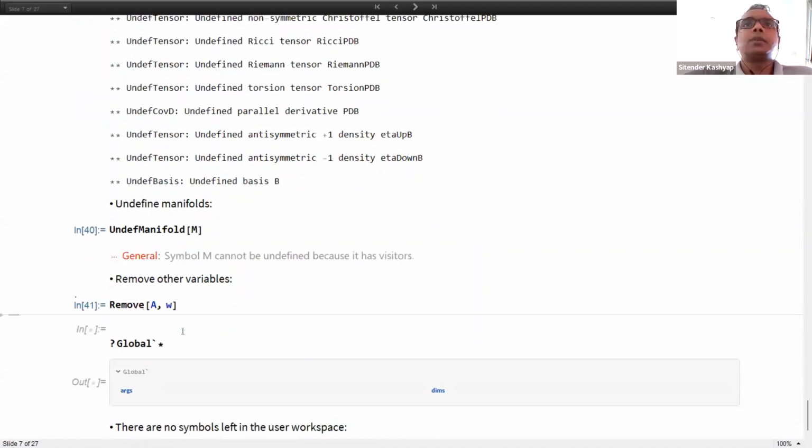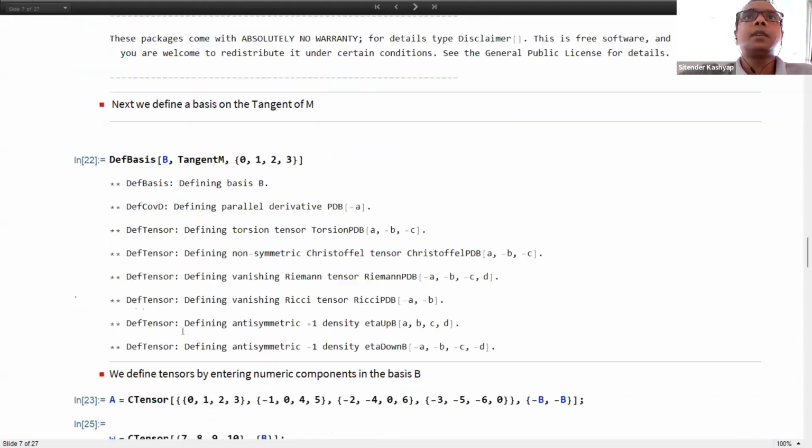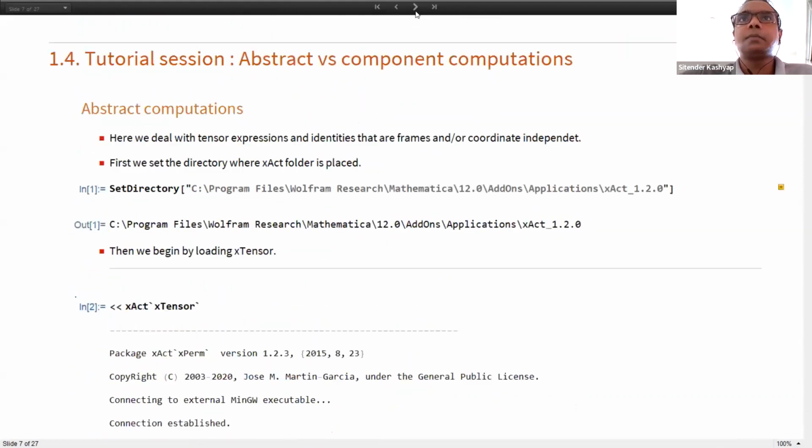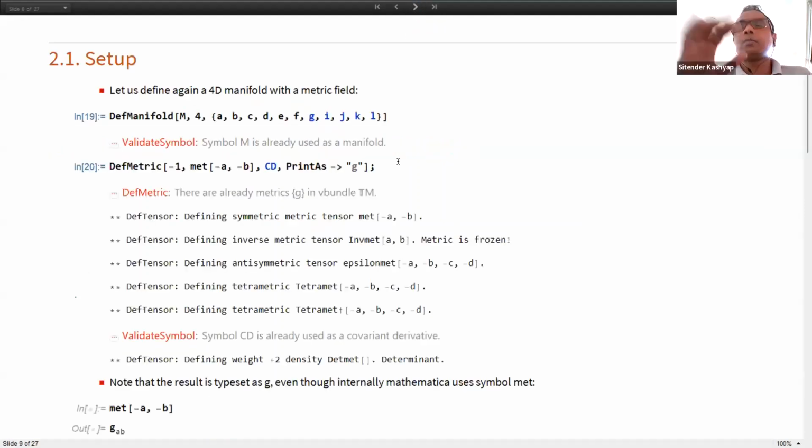So there are no symbols left for the user. Okay, so with this, we have just demonstrated a little of xTensor and xCoba. Now we will move on to abstract computation with xTensor in a little more detail, which is more suitable for general intuition. So are there any questions at this point?